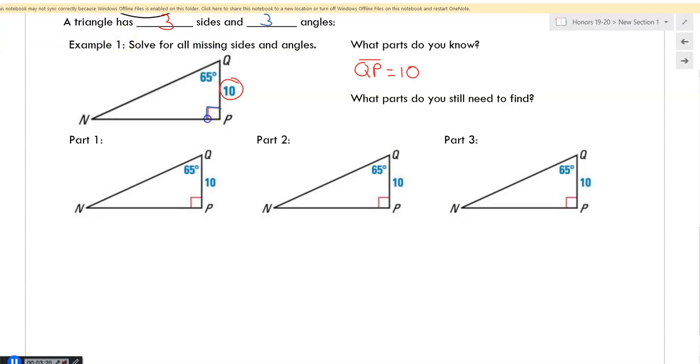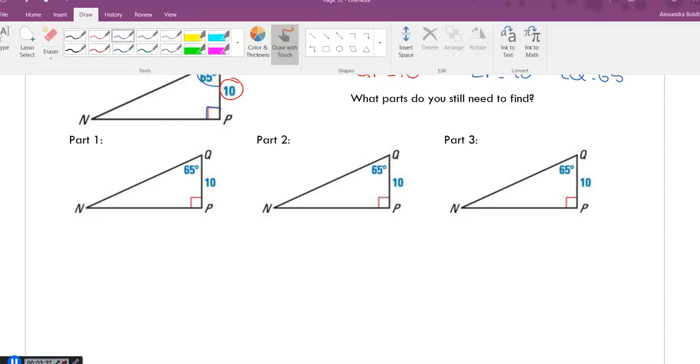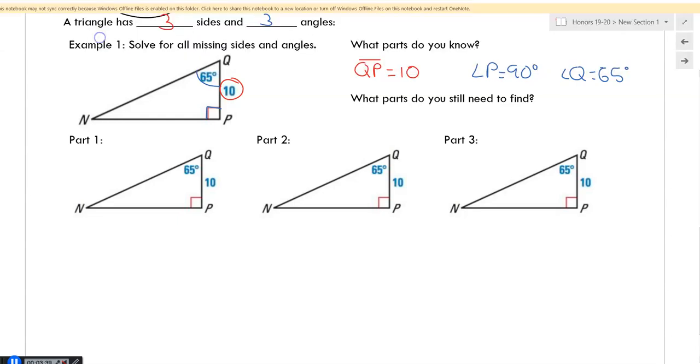I know that this angle P is 90 degrees. And I know angle Q is 65 degrees. Okay, so I know one side and 2 angles. So what do I still need? Well, for sides, I still need side QN, right, I just need this.